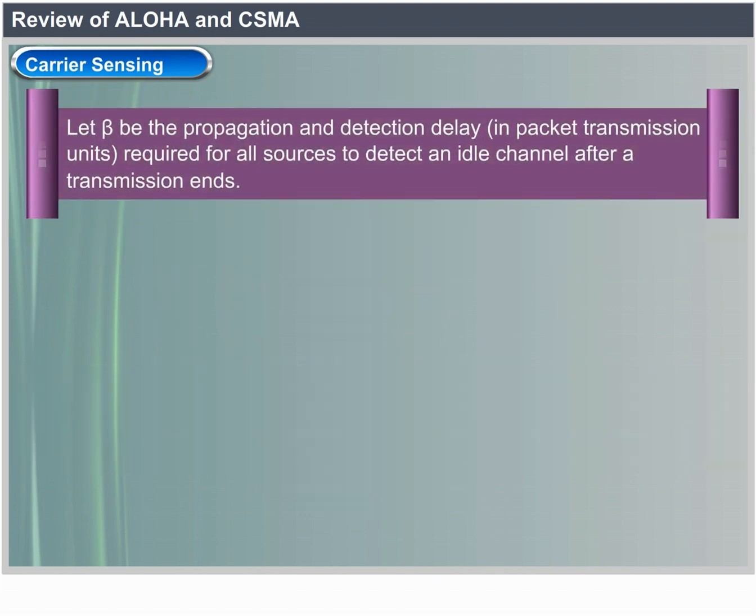Let beta be the propagation and detection delay in packet transmission units required for all sources to detect an idle channel after transmission ends.